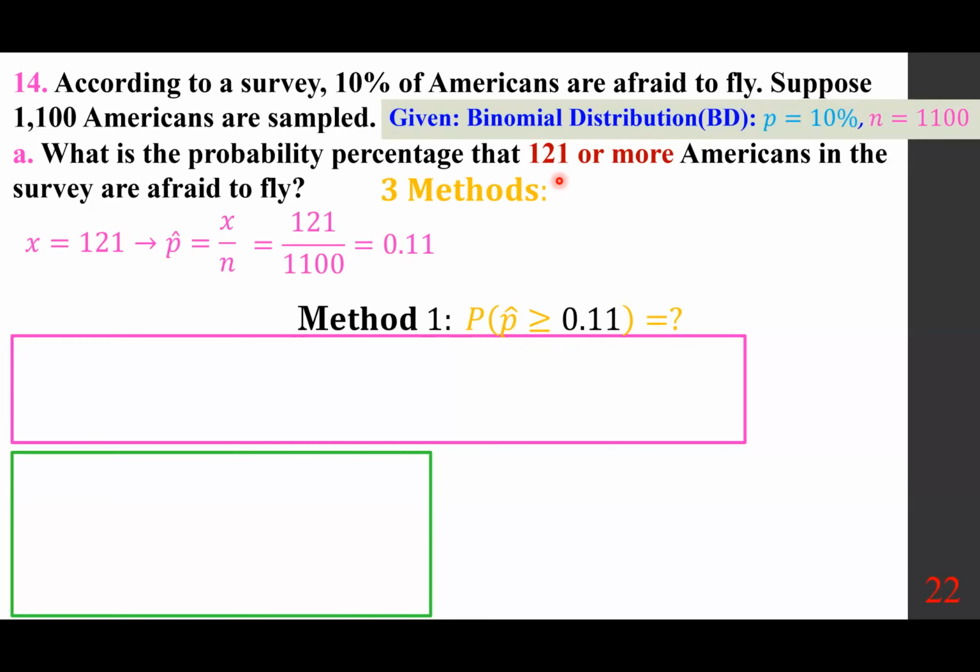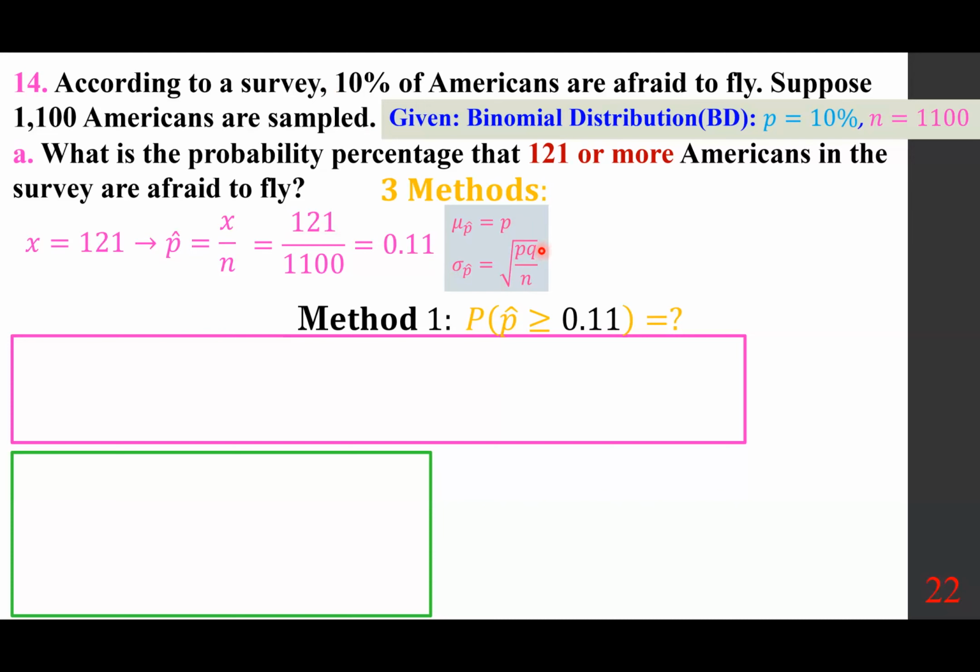That is 121 or more in the survey are afraid to fly. So this is what we are looking for. Okay, let's do that. Mu of P hat is P, just like before, which makes it, my apologies, 10%, 0.1.